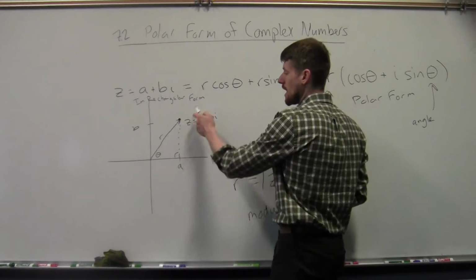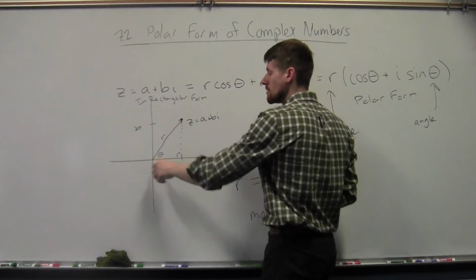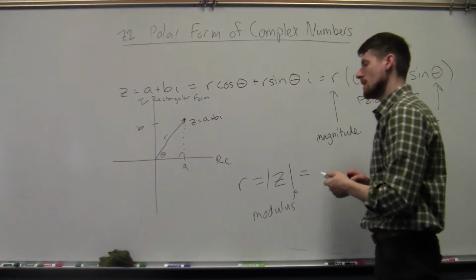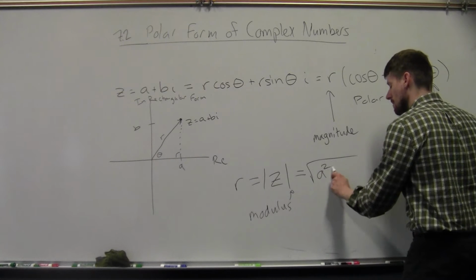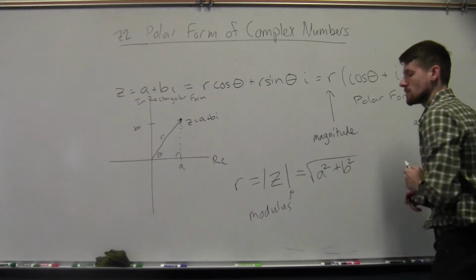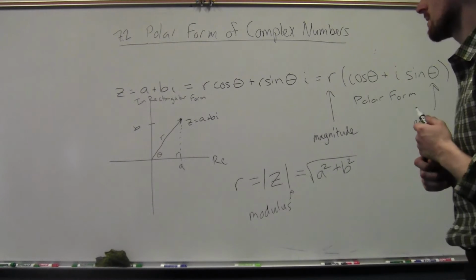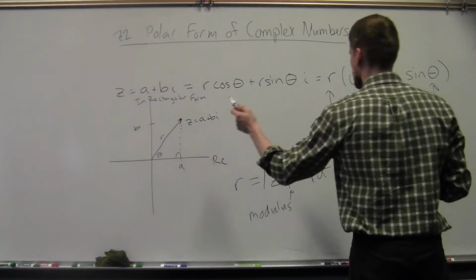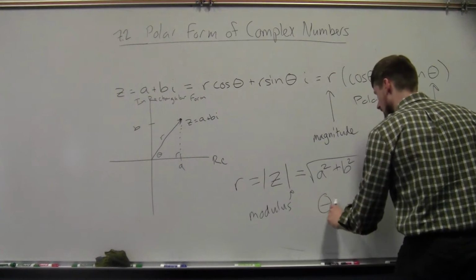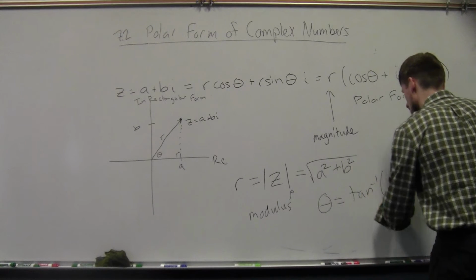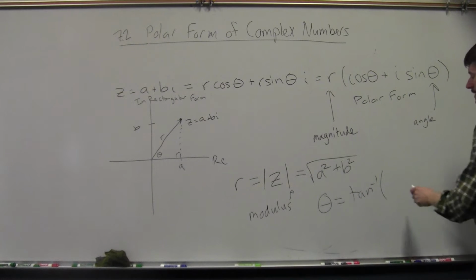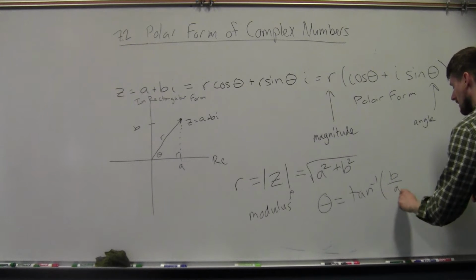Well, since r is the hypotenuse of this triangle whose lengths are A and B, you would simply find it with the Pythagorean theorem. The square root of A squared plus B squared. And then how do you find this particular angle? How we've been finding this angle all along has been from the inverse tangent of B over A, which is the slope of that line.